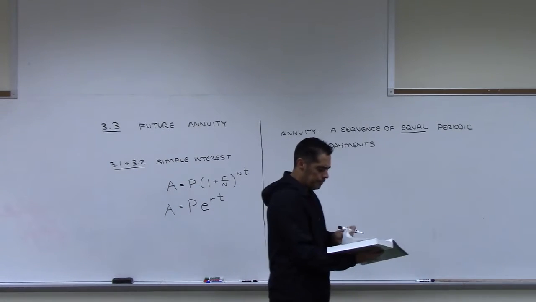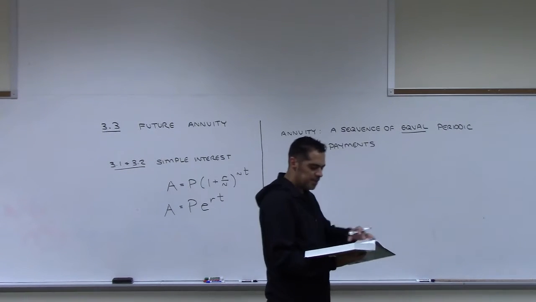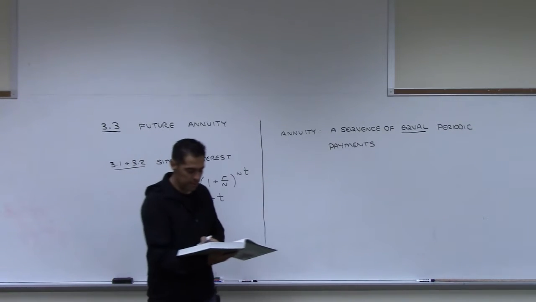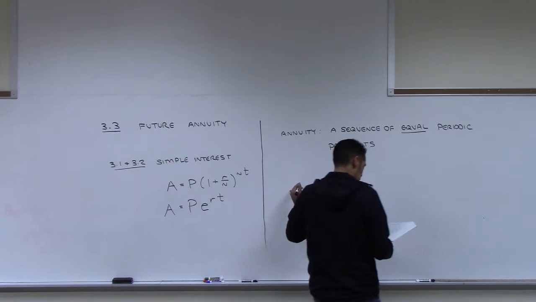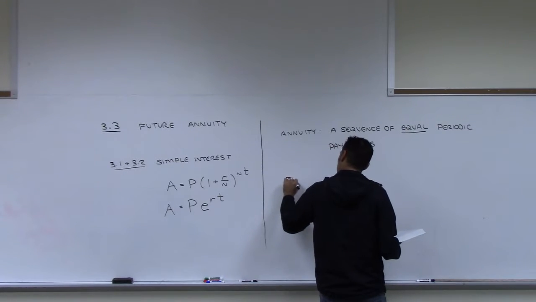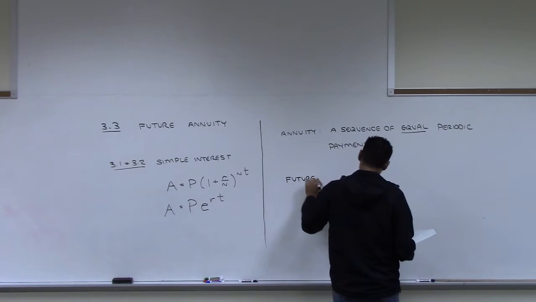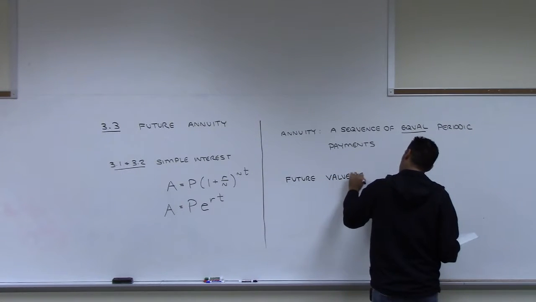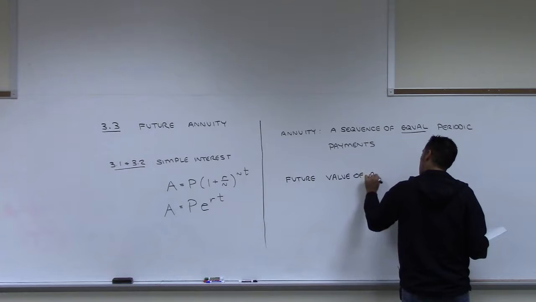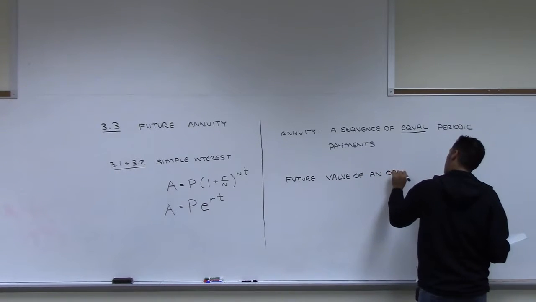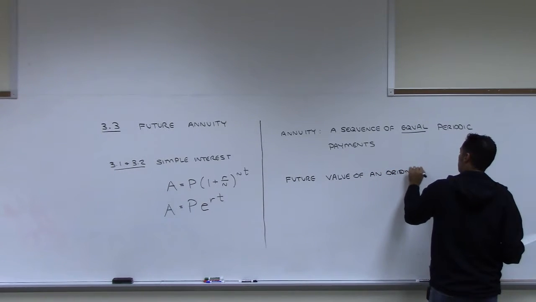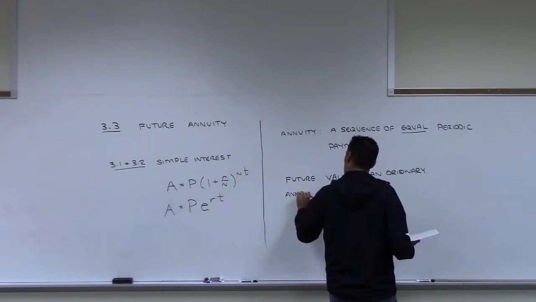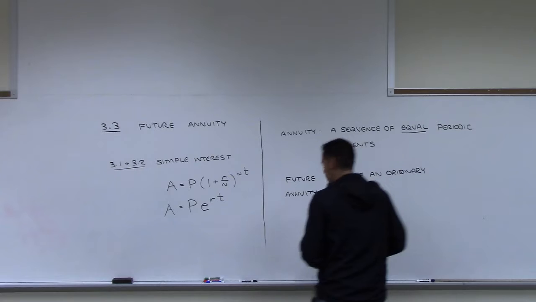Then the book goes in and tries to derive this formula, which I'm not going to do the derivation of. I'm just going to write the formula for this. This is the formula for future value of an ordinary annuity. All right, so here's the formula.